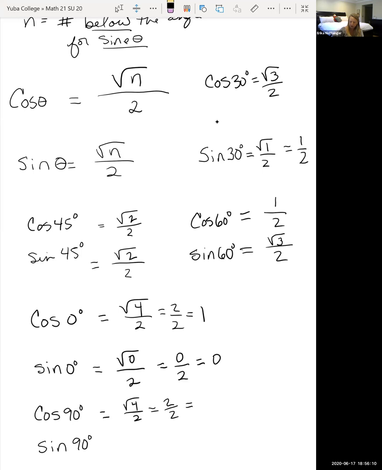Oh, sorry. That's sine. Sine is below. So that was root 4 over 2. 2 over 2, which is 1. Cosine is the numbers above this. Well, there's nothing above this. And so its square root is 0 over 2, which is 0.